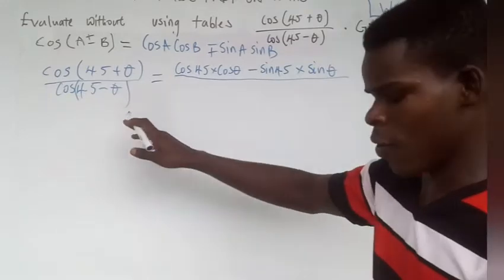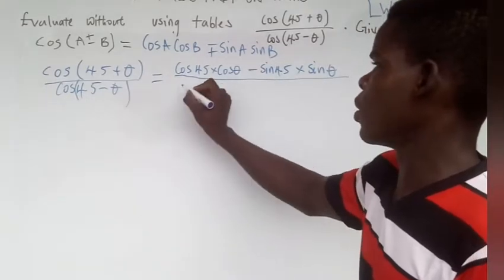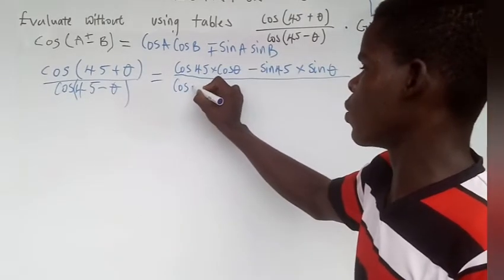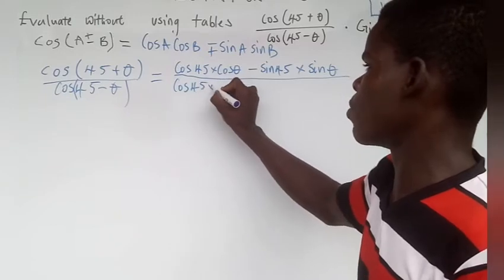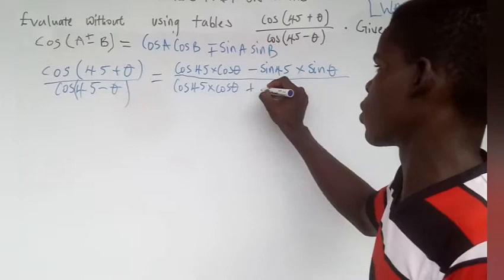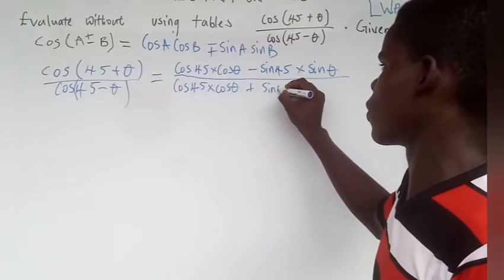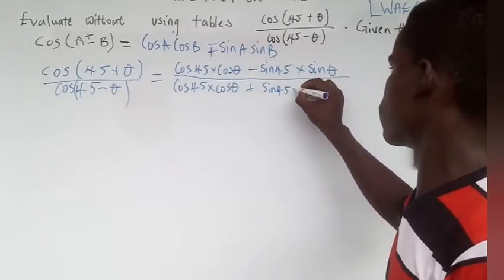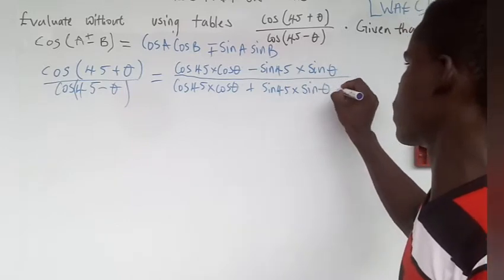That will be cosine 45 times cosine theta. This is minus, so it will be plus sine 45 times sine theta.